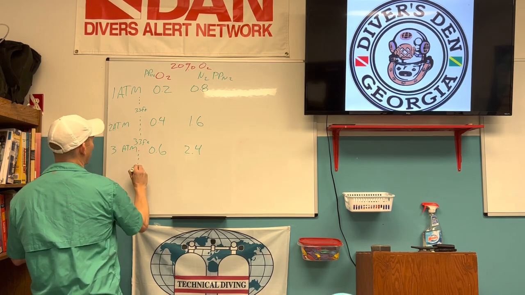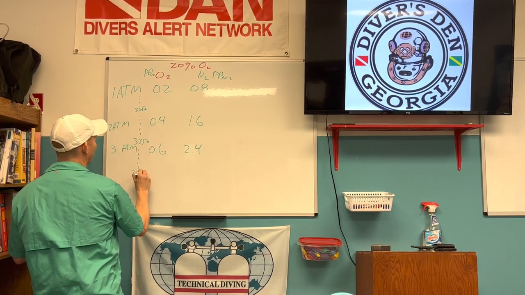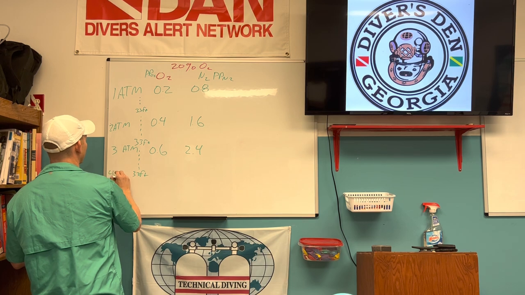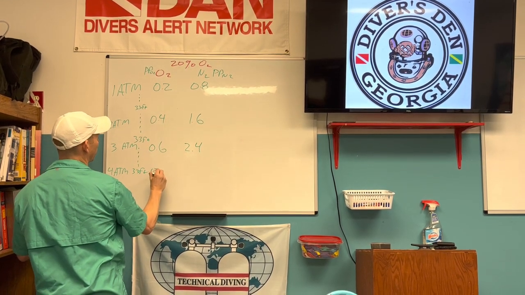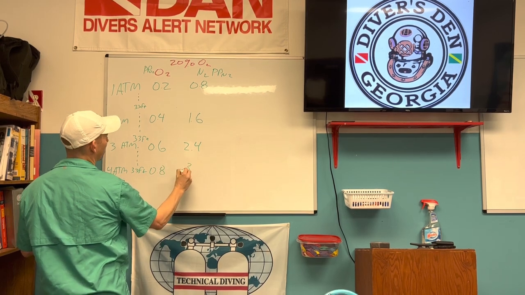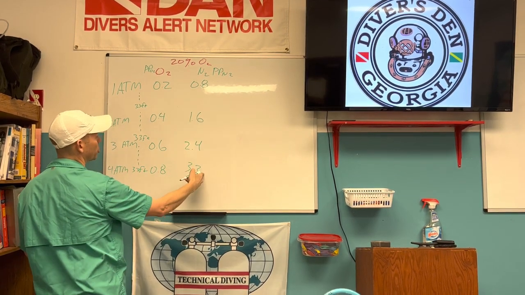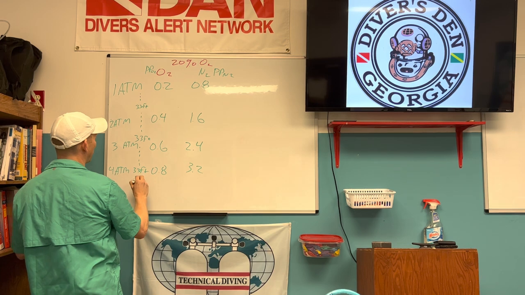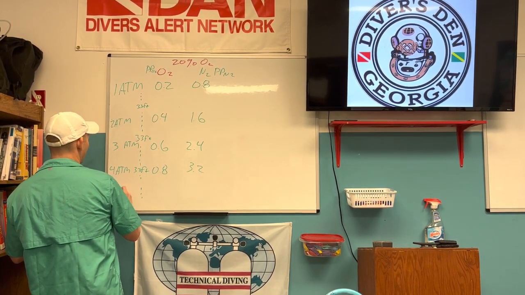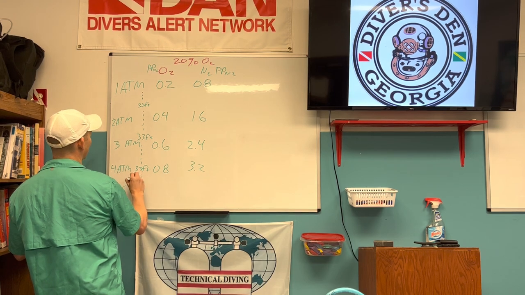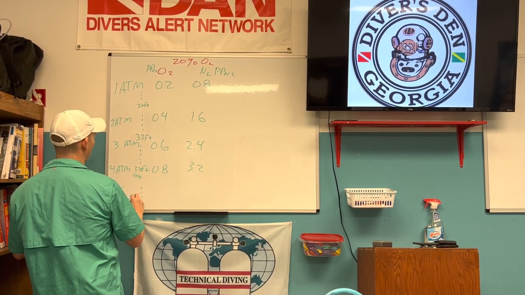Okay, it's going to go down another 33 feet to 4 atmospheres. And the trend continues: 0.8 and 3.2 partial pressures of oxygen and nitrogen. And finally we'll go all the way down to 5 atmospheres. This is 99 feet right here, and this is 132 feet.